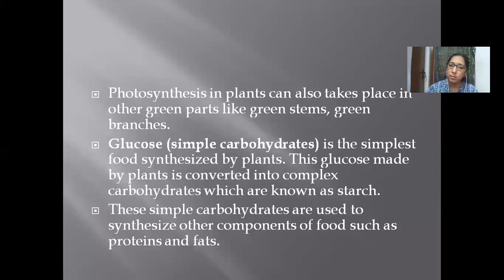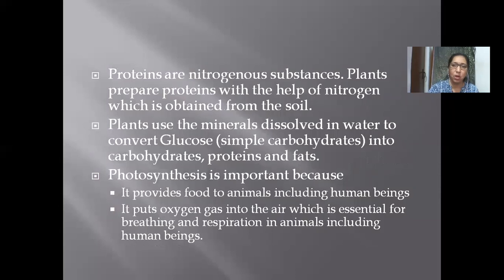Glucose is the simplest food synthesized by plants. This glucose made by plants is converted into complex carbohydrates known as starch. These simple carbohydrates are used to synthesize other components of food, such as proteins and fats. The carbohydrate forms the basic essential material for the synthesis of other nutrients in plants. Proteins are nitrogenous substances. What are proteins?